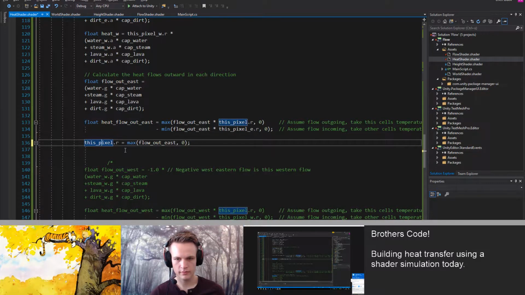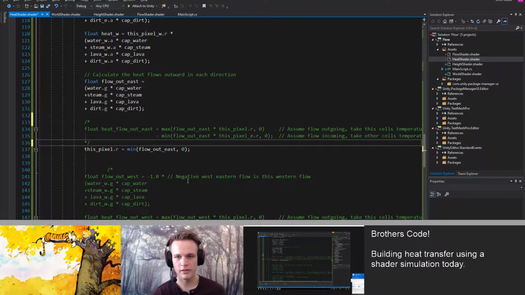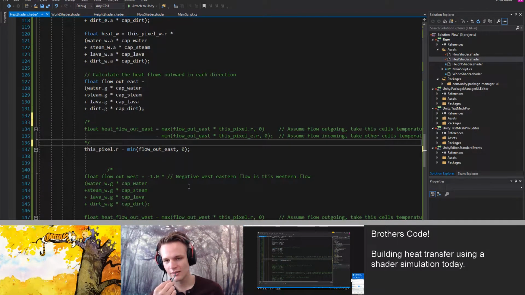Will it always be positive? It should. These could be negative. But if the flow out east term ends up being negative, then it's minus the min of that negative value and 0. Is it flow out east, not heat? Oh, flow out east. You're right.